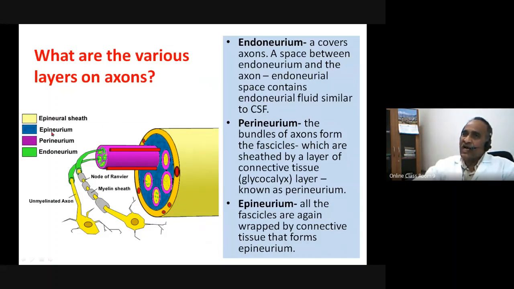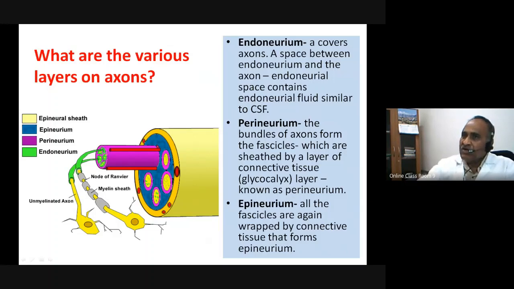So we have three layers: endoneurium covering the axons, perineurium covering the fascicles or bundles, and epineurium covering all the fascicles together to form the nerve. A sciatic nerve, for example, contains these types of bundles. Some are sensory, some are motor, all put together, originating from different areas of the limb.